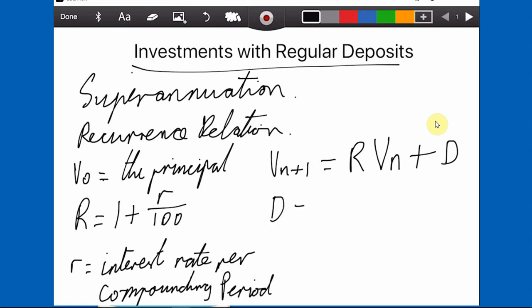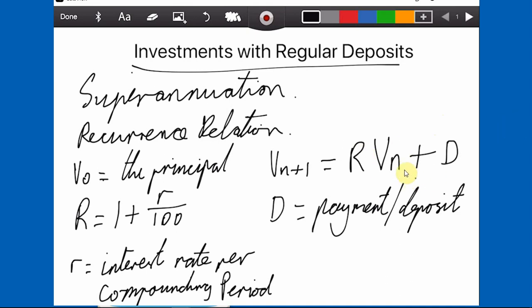And the D is our payment/deposit, whichever you prefer to look at it from. So whether you like to think of it as a payment going in or a deposit going in, either of those ways of looking at it is fine. And of course the plus here means it's going up.